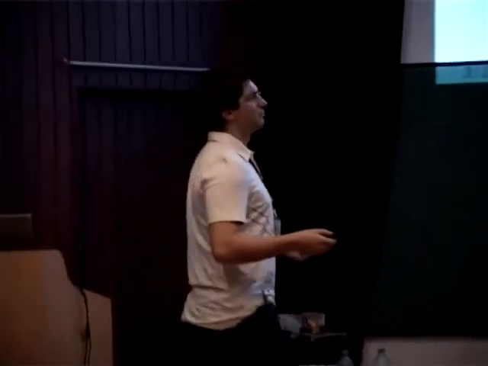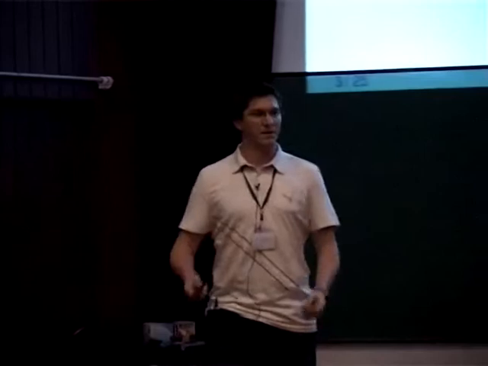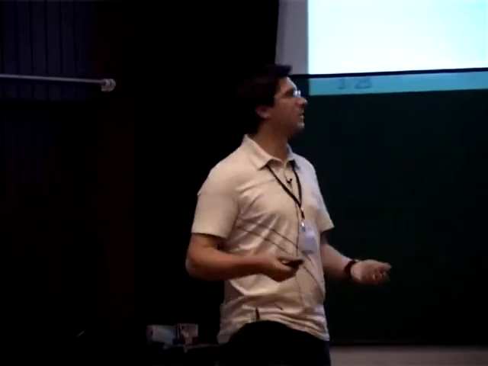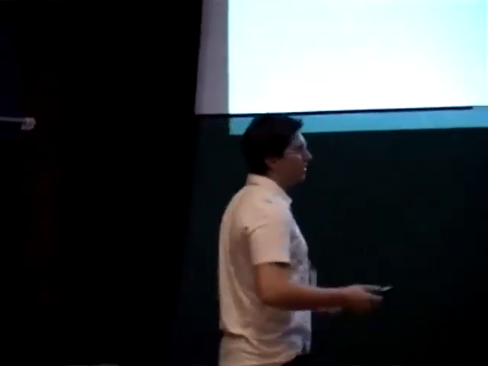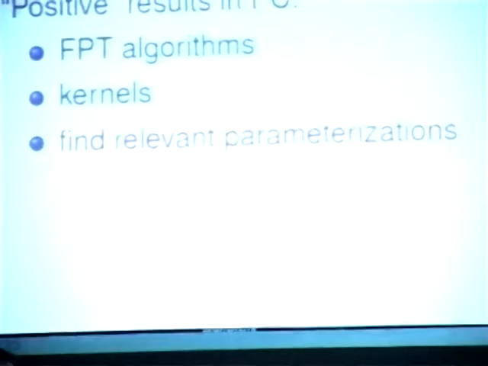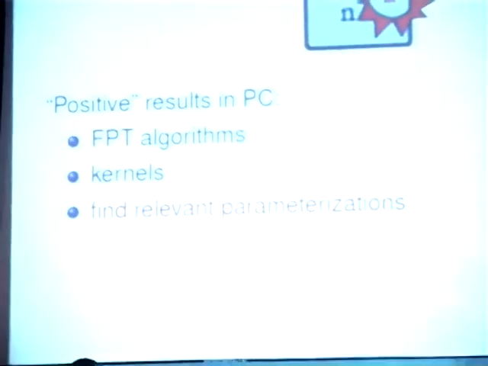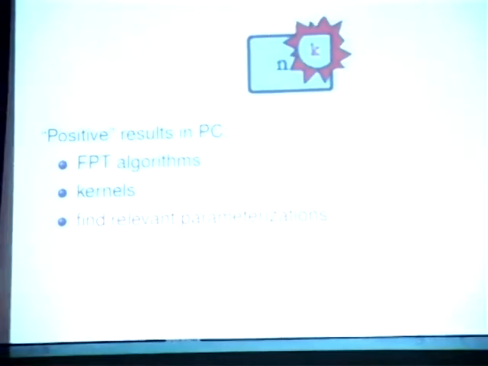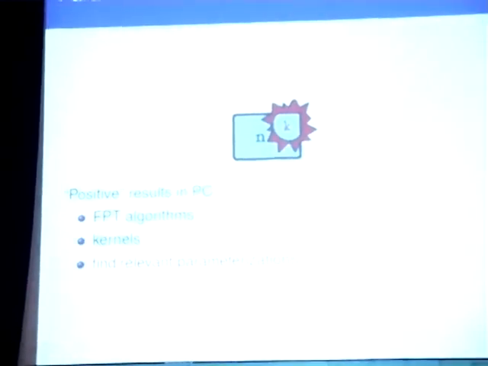Okay, let's get started. Parameterized complexity is all about asking when your problem becomes tractable. For example, your problem might be NP-hard, but what happens if the max degree is bounded, or the tree width is bounded, or some other structural parameter?